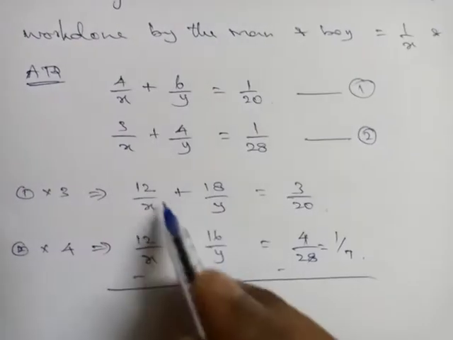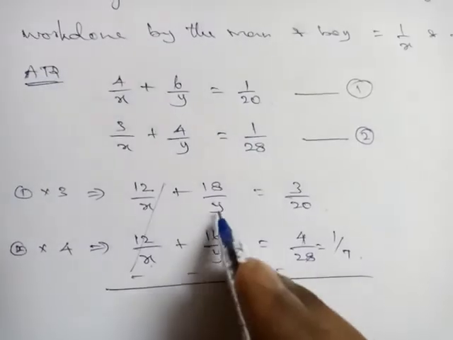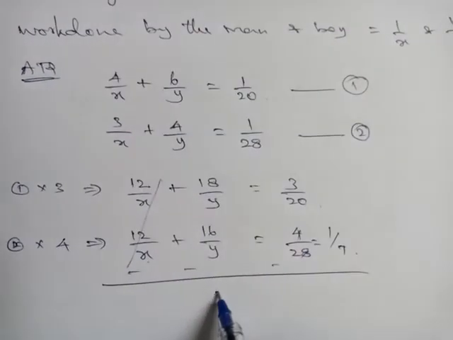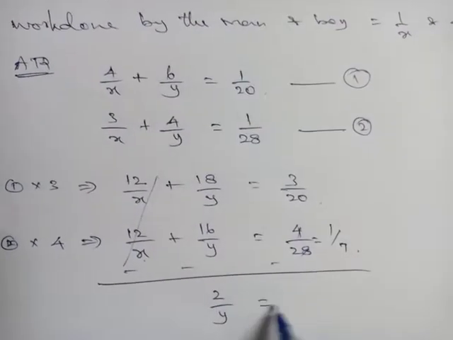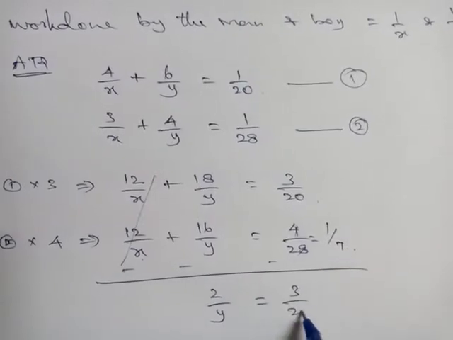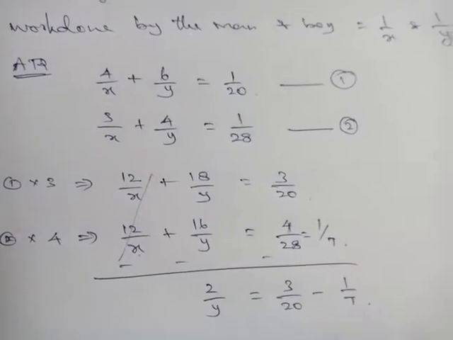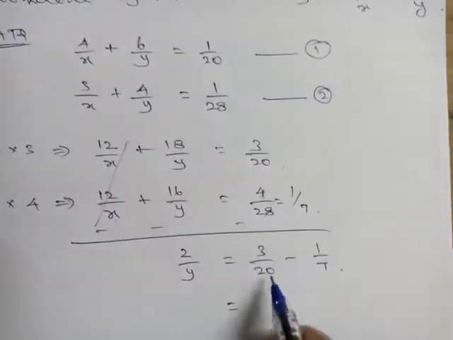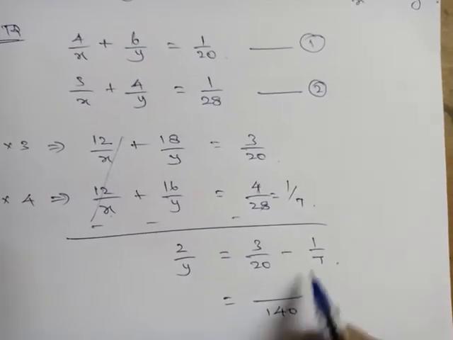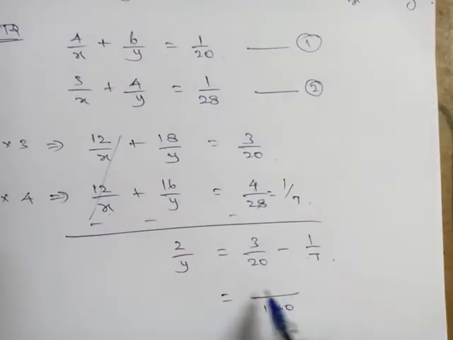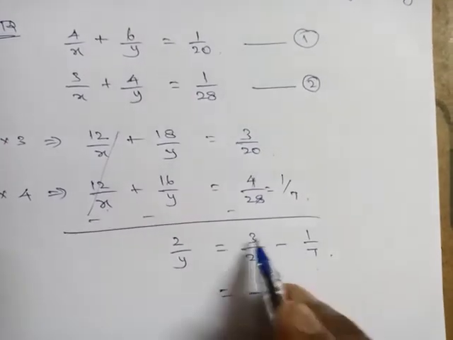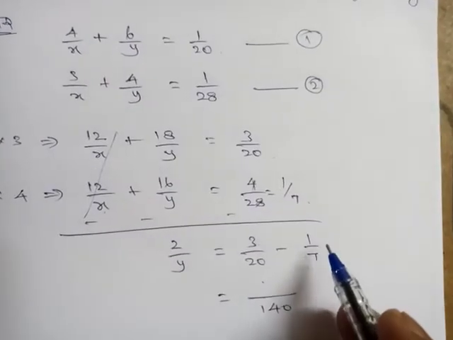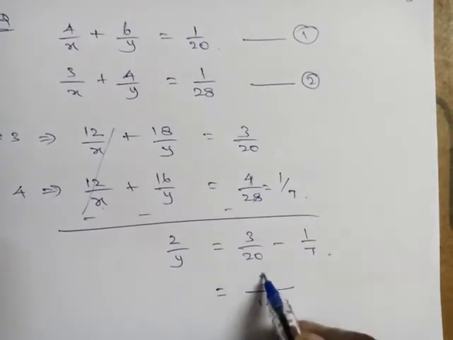12 by x, 12 by x, both are the same, so cancel. 18 by y minus 16 by y is nothing but 2 by y, that is equal to 3 by 20 minus 1 by 7. So what will be the answer? The denominator is 140, numerator 7 3s are 21 minus 20 into 1, that is 21 minus 20, that is 1.